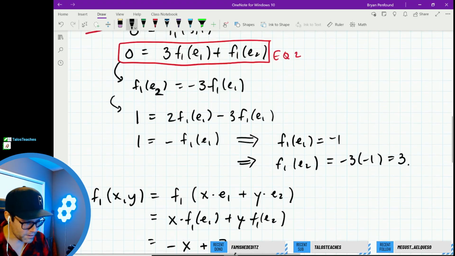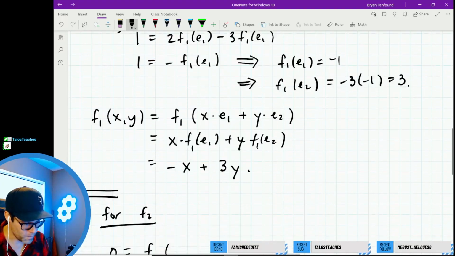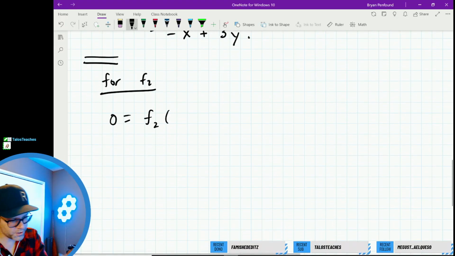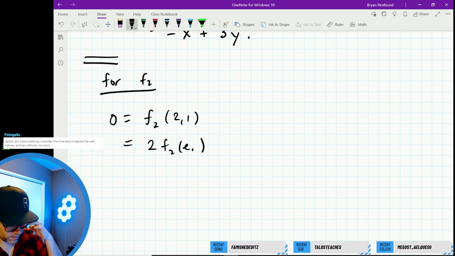Okay, so what are our basis vectors again? 2, 1, and 3, 1. So for f2, where does 2, 1 go? That should be 2 times f2 at the first standard basis vector, plus f2 at the second standard basis vector.